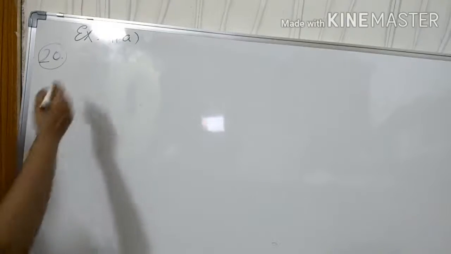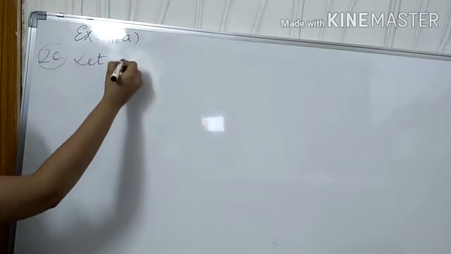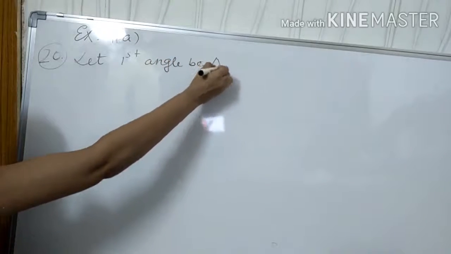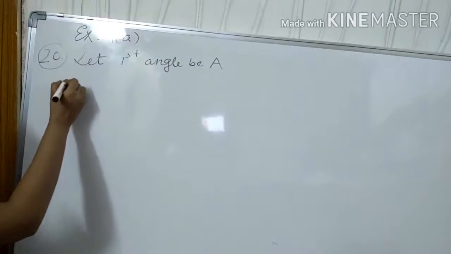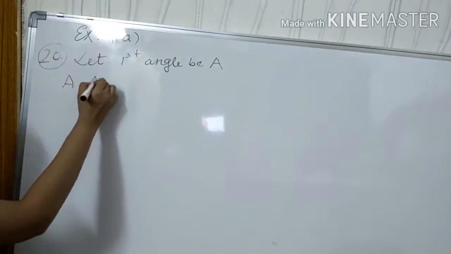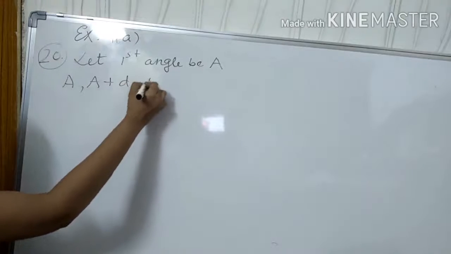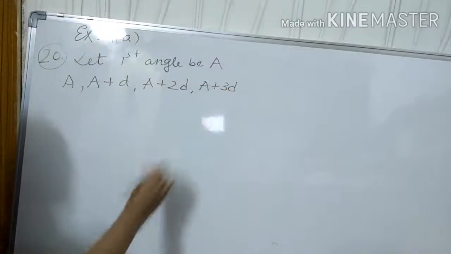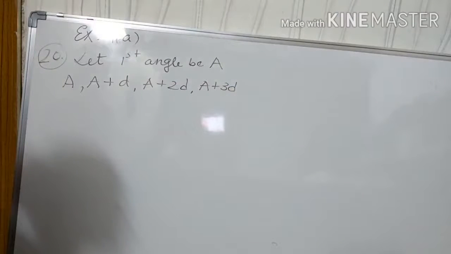So first I am taking, let the first angle be a. So the four angles will be a, a plus d, a plus 2d and a plus 3d. Because they are forming an AP, we write this way.